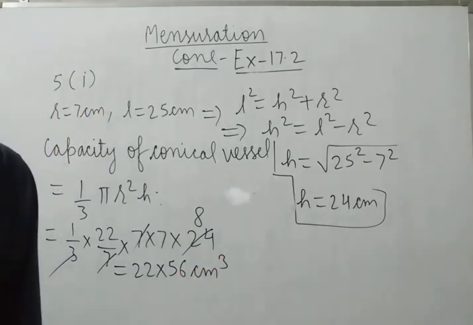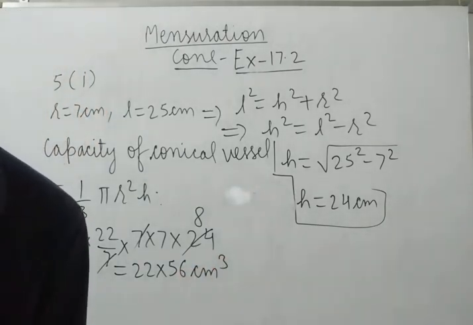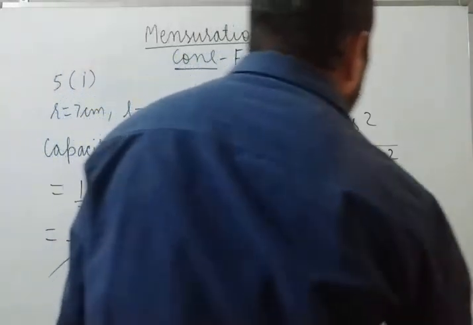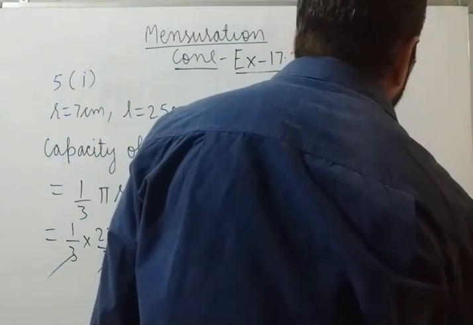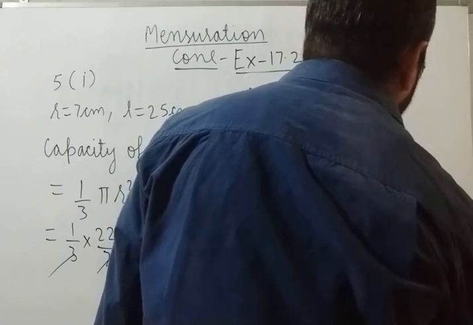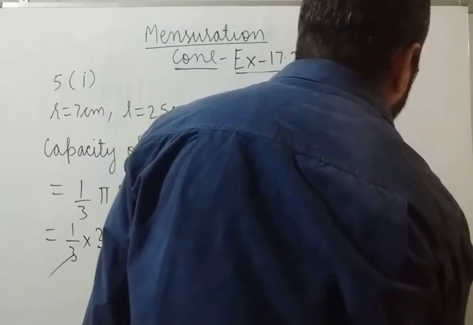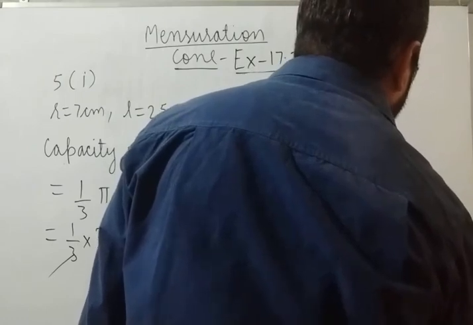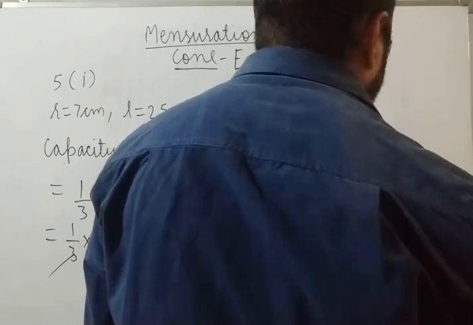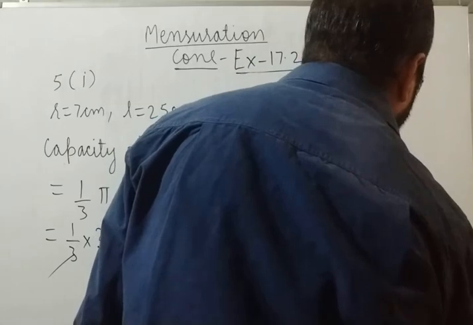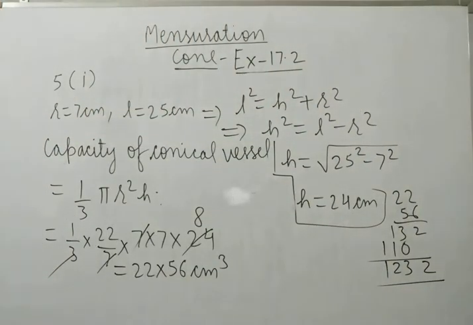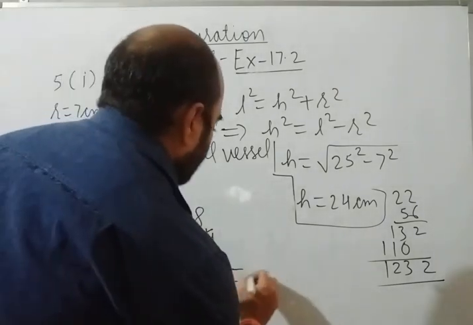Correct? All the units are same, centimeter, centimeter. So this is 22 into 56. It means multiply. So this will come 1232 centimeter cube.